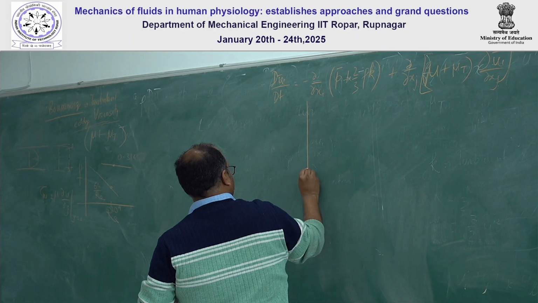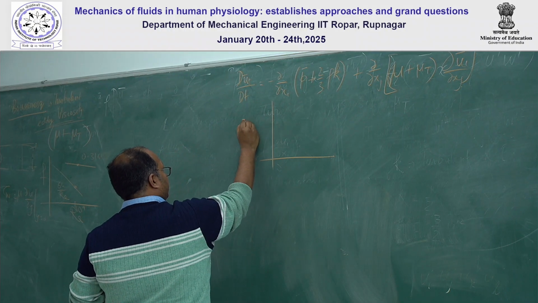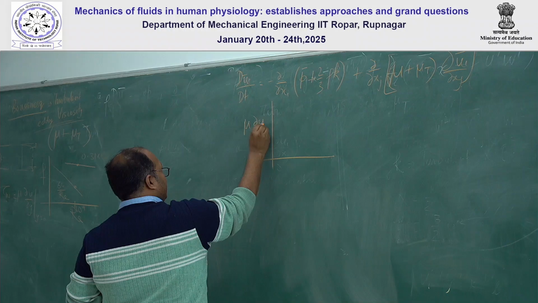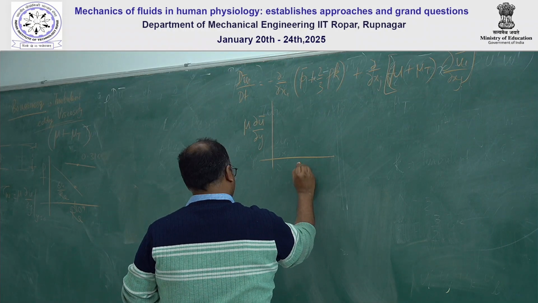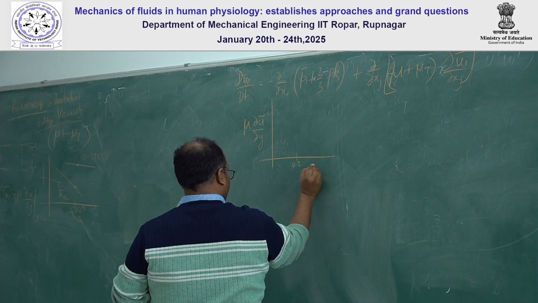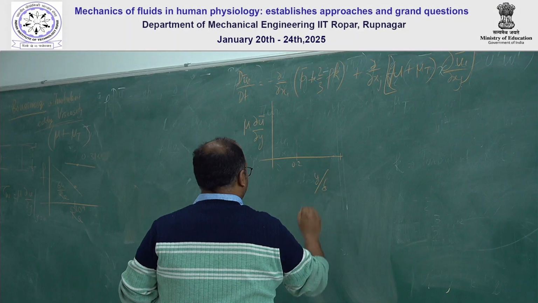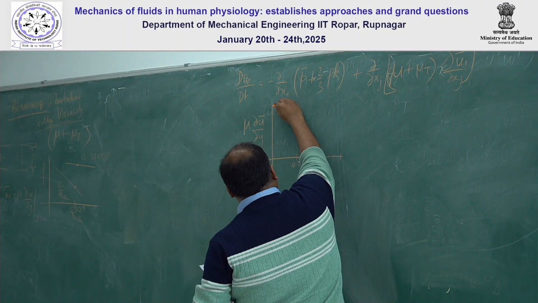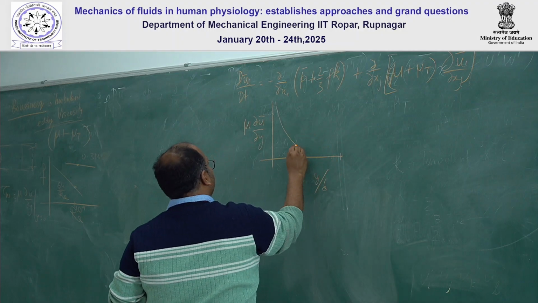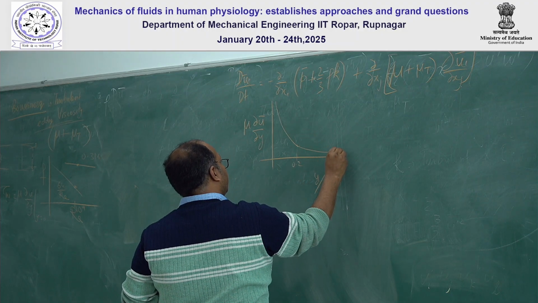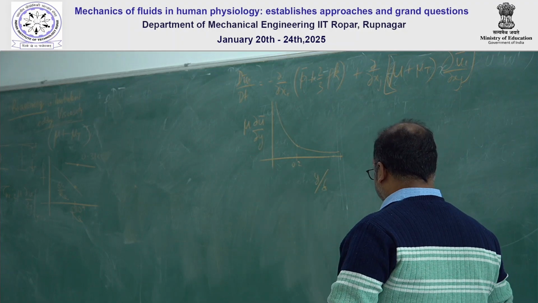So here, the viscous stress, mu d u bar by dy, let's say in a pipe flow, this is, let's say, 0.2 and this is 1, y by delta. The viscous stress is very high near the wall and then it falls down, virtually becoming 0 very near the center.